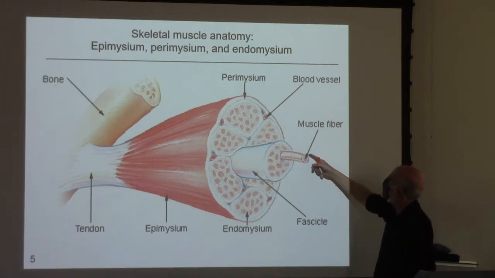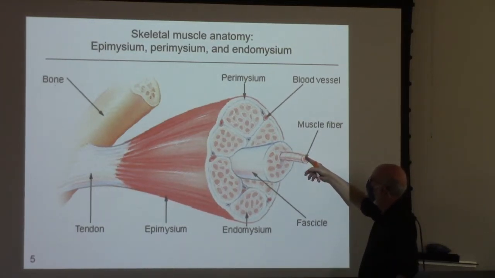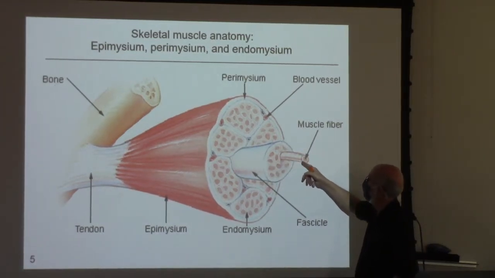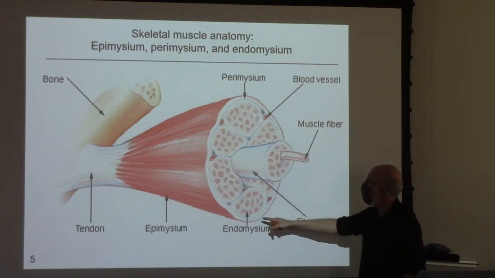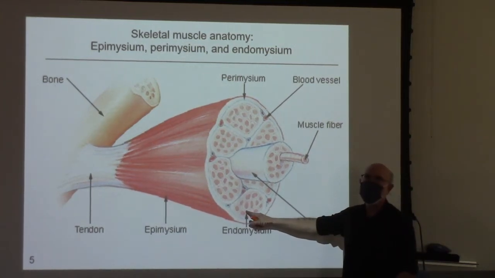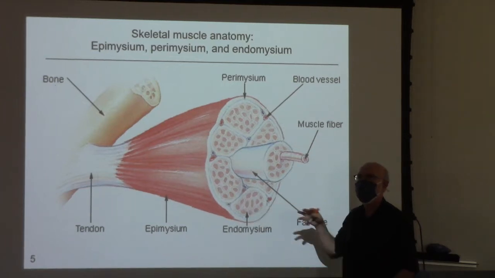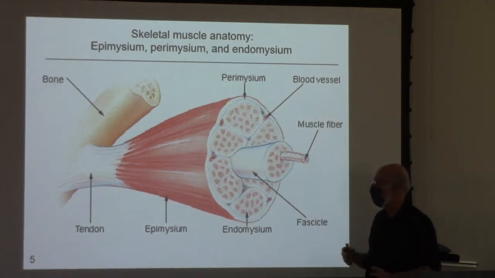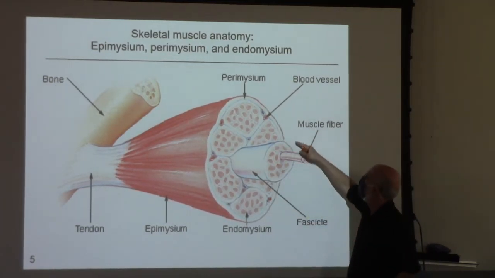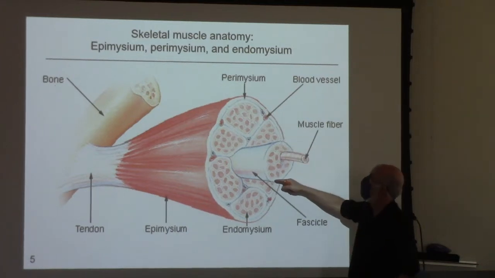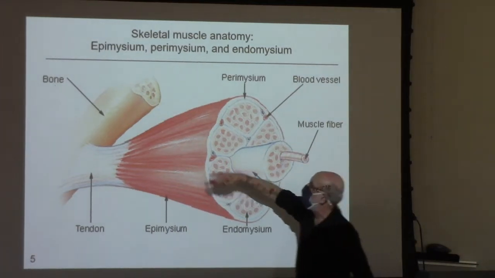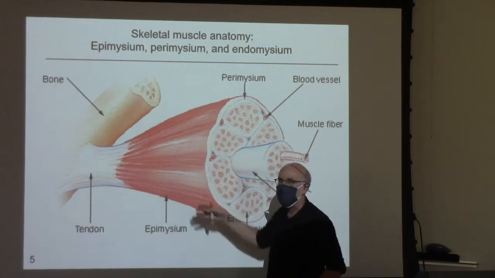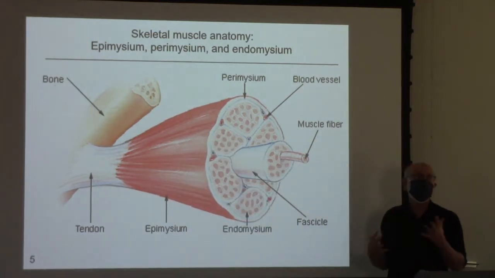And then each muscle fiber within the fascicle is wrapped by an extracellular matrix called the endomysium. The reason we have all this extracellular matrix, the perimysium, the epimysium, is that it gives strength to the muscle.